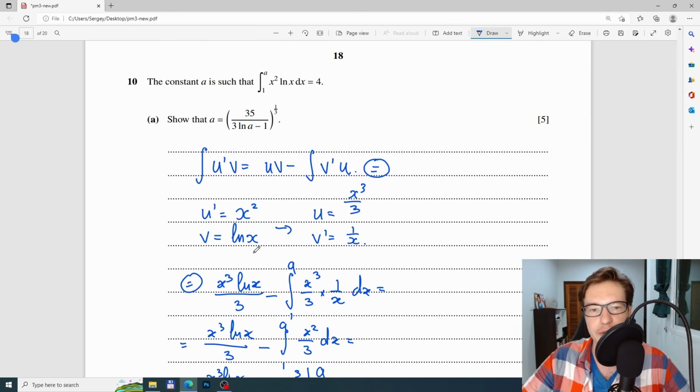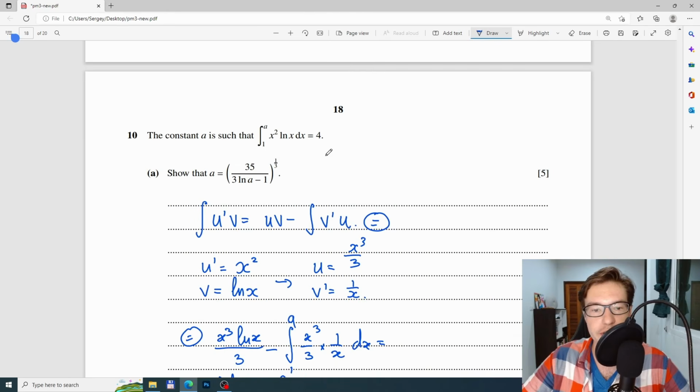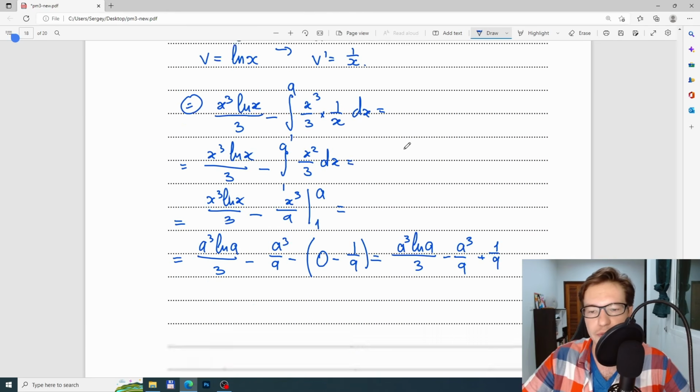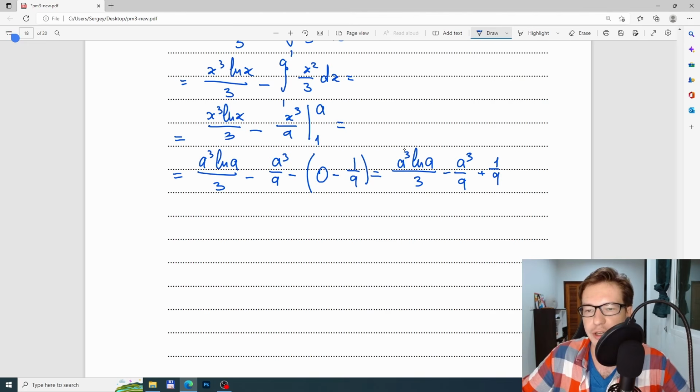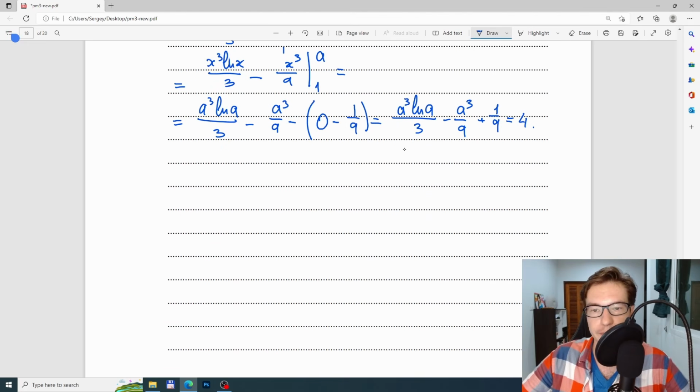Okay, now let's have a look at the question, and they tell us that the integral should be equal to 4. So I can make it equal to 4 and rearrange in the form they're asking for. I'm going to multiply both sides of this equation by 9, so I will get 3a cubed log a minus a cubed plus 1 equals 36. And then I will just keep rearranging this.